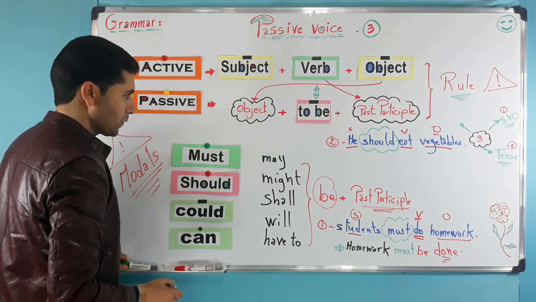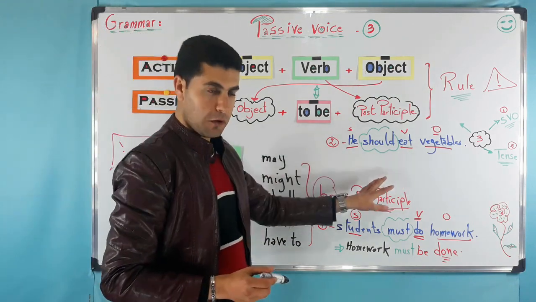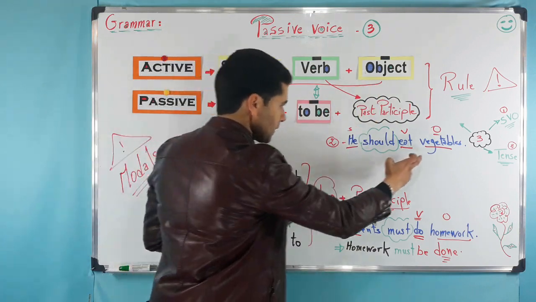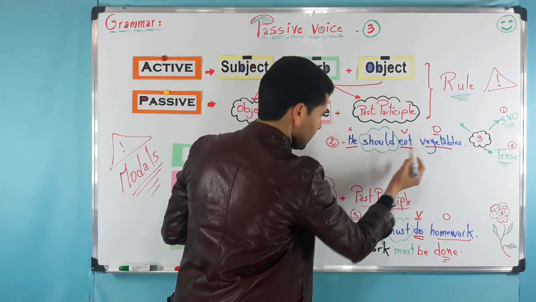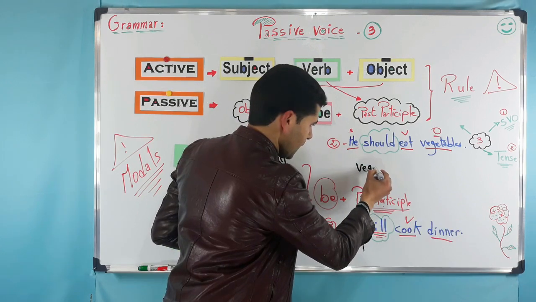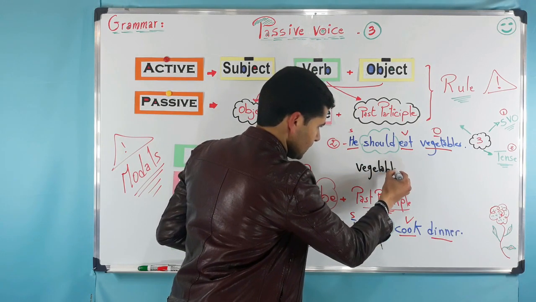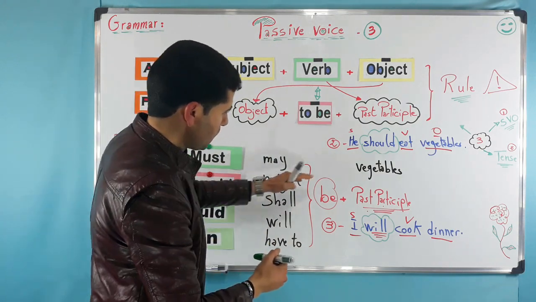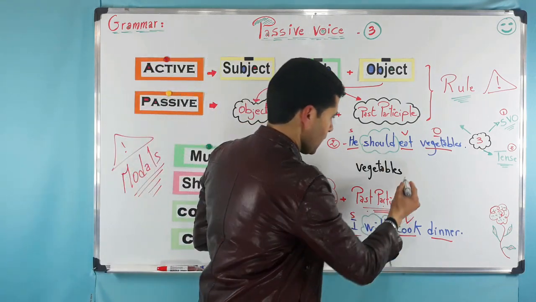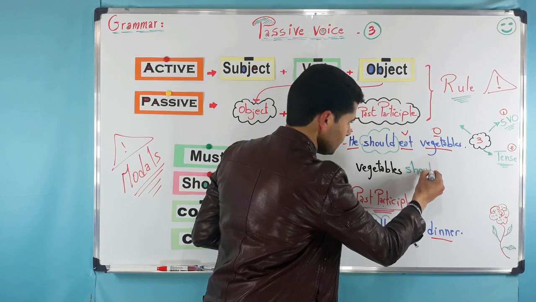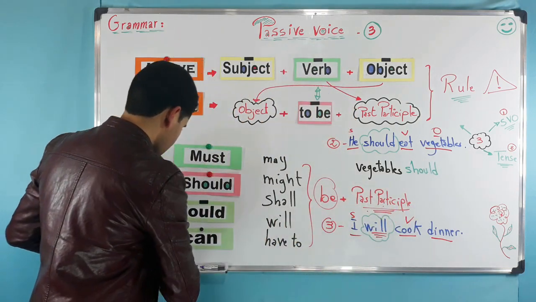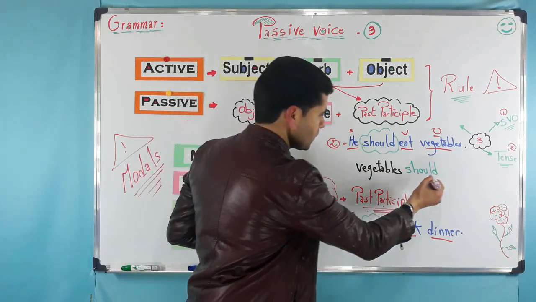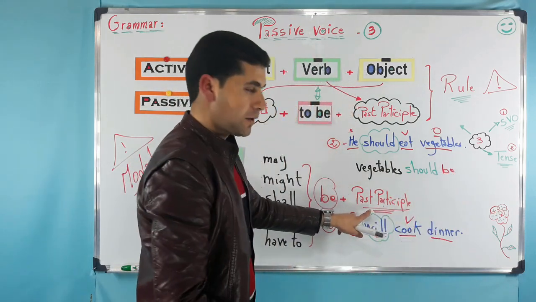Now here, if we want to make the passive of this sentence, again we bring the object to the beginning, so we start with the object, vegetables. Vegetables, then the modal should, then be, and the past participle.